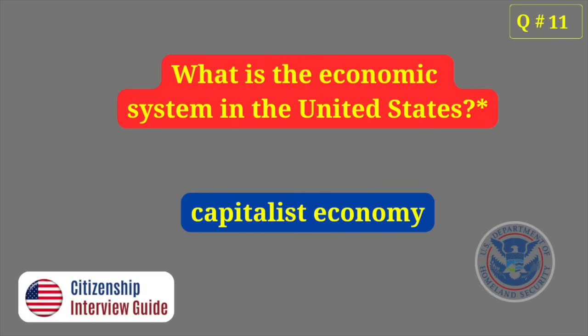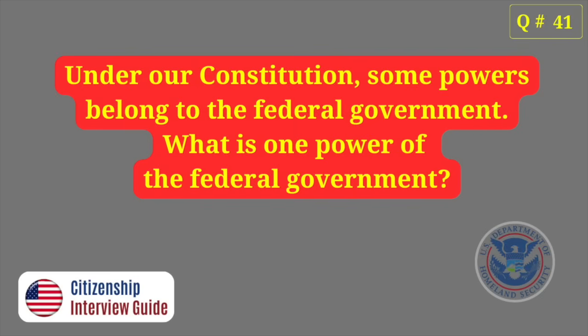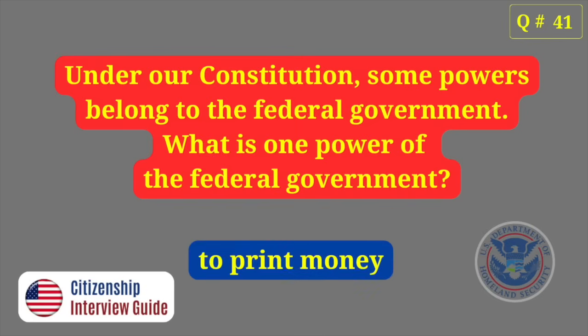Capitalist economy. Under our Constitution, some powers belong to the federal government. What is one power of the federal government? To print money.